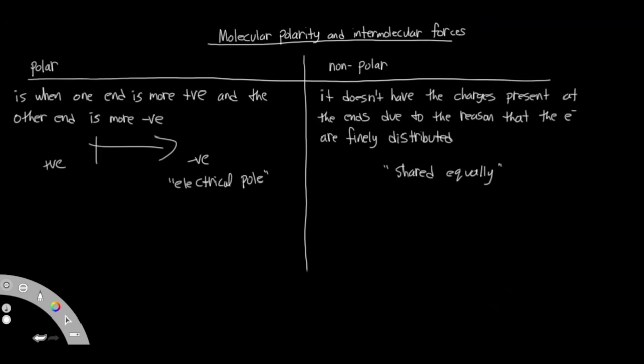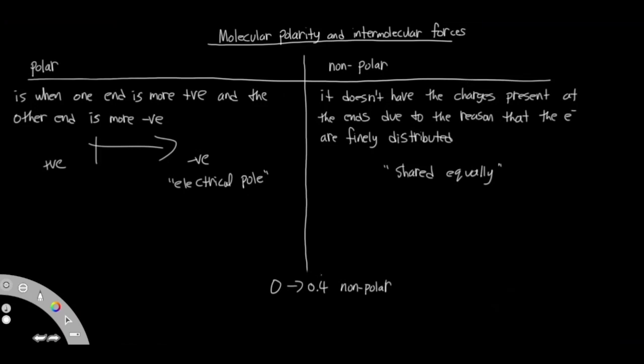Now let's have a look at a certain guideline that you would have to memorize. You're going to be going from 0 to 0.4. Anything within that range is going to be deemed nonpolar. Again, this isn't 100% accurate, because in the next few videos I'm going to be teaching you, it has to do with percent ionic character as well, and that isn't as clear cut with these ranges.